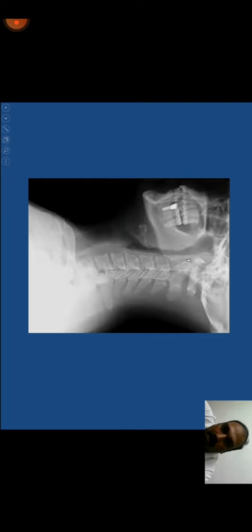I'll tell you how I assess this X-ray, so that you can get an idea about how I approach things. You can see the first one, second, third, fourth, fifth, sixth, seventh. The vertebral prominence is here. So first you will be seeing the apophyseal joints, whether they are normal.